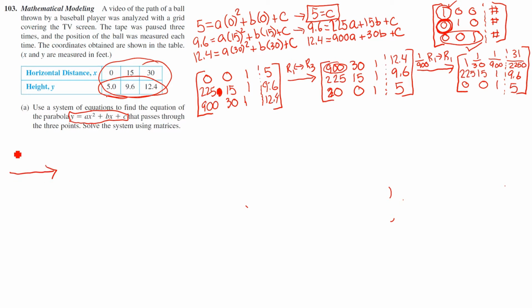We're going to take row 1, multiply it by 225, and subtract row 2. So we do 225 times 1 minus 225. That'll give us our 0 here. The first row is going to remain the same, so I'm just going to rewrite it out.